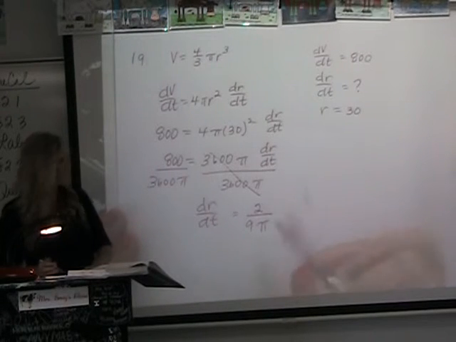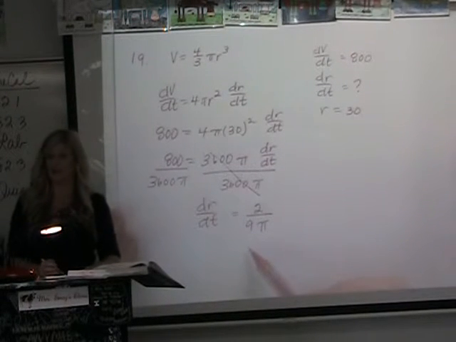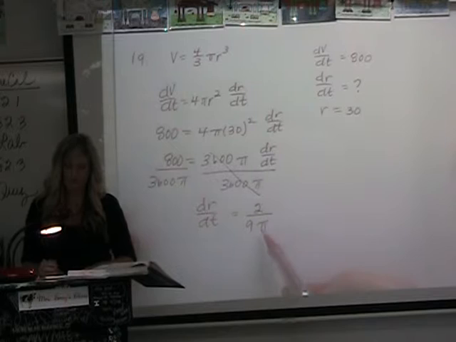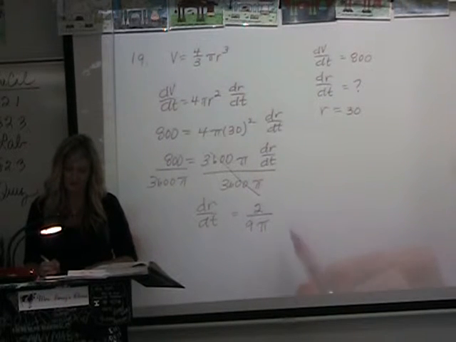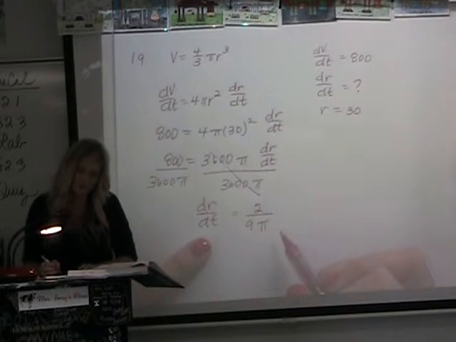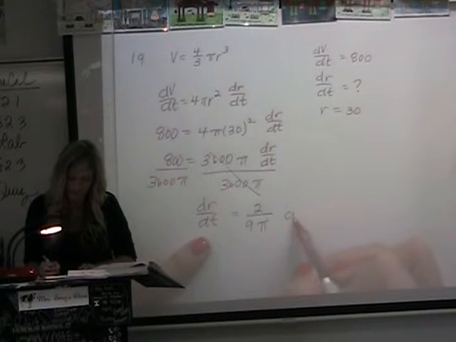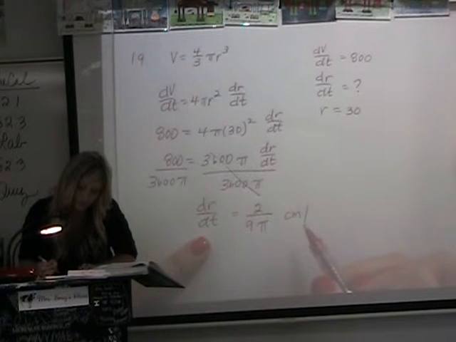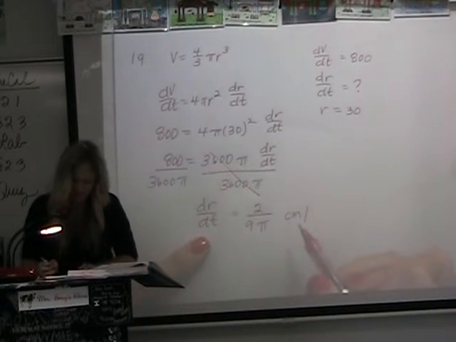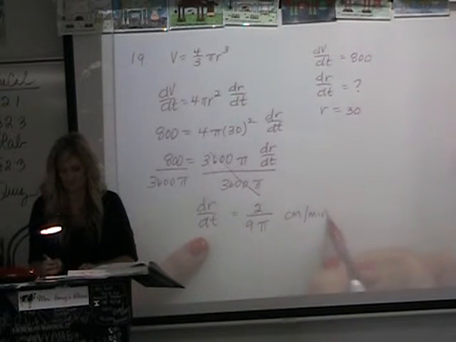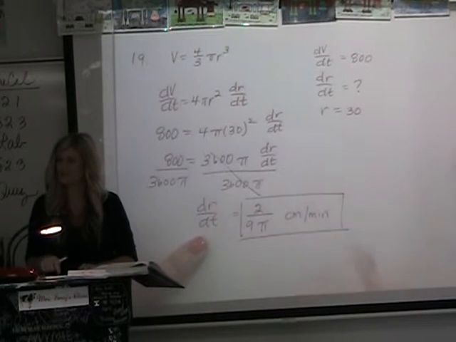Make sure that you put that pi in the denominator, not out to the side, okay? 2 over 9 pi. And units of measurement for this one should be centimeters per minute. Does that make sense? Yeah.